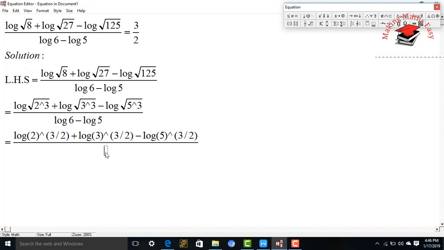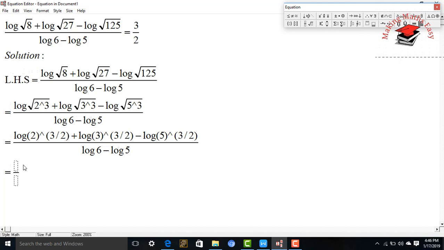Now come to the denominator. In the denominator we have log of 6 minus log of 5. Now we will use the logarithmic properties in order to simplify this. As we know, log of a raised to b is equal to b log a.